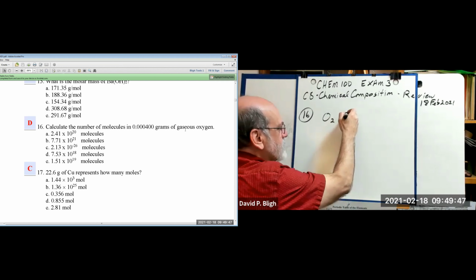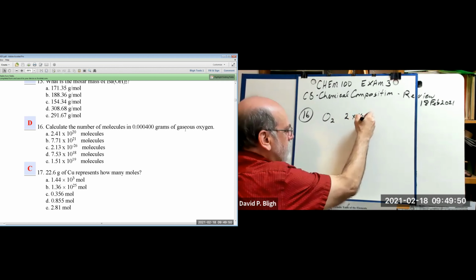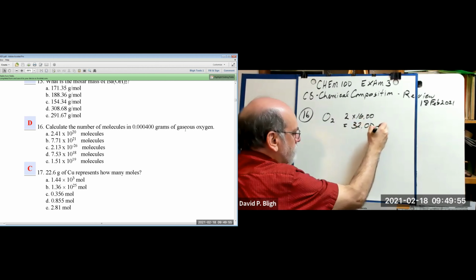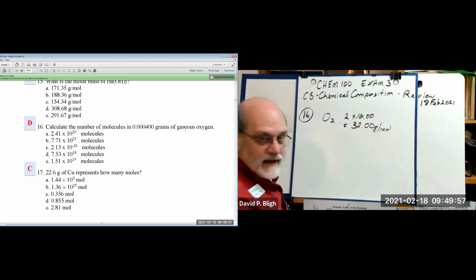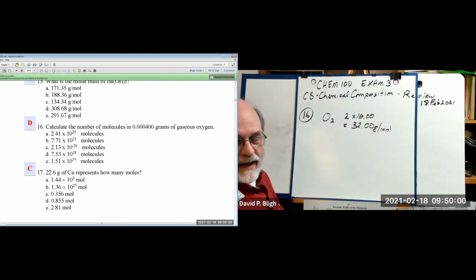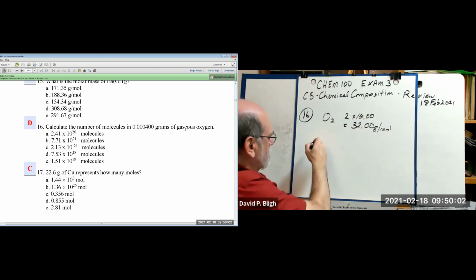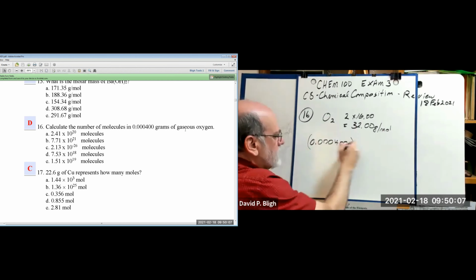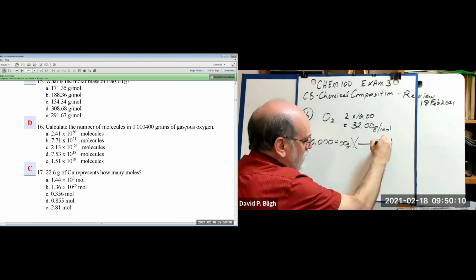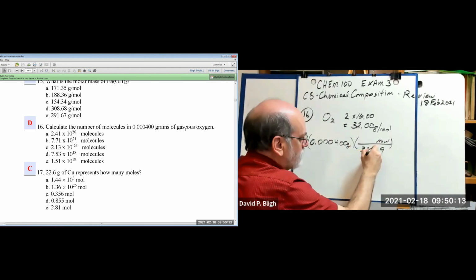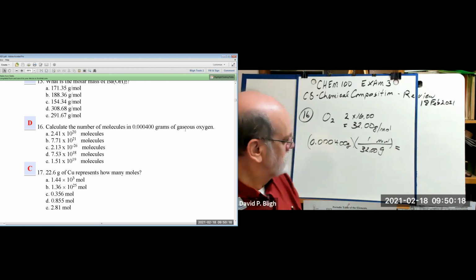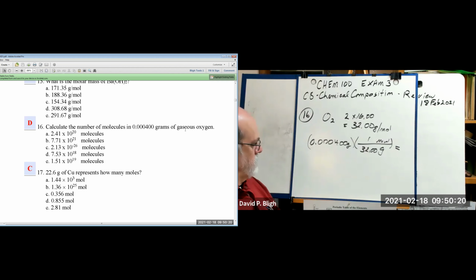So the molar mass is 2 times 16. Now we can change this many grams. 0.000400 grams. So we've got to put grams on the bottom and moles on the top. And divide 32 into that number, 0.0000125.